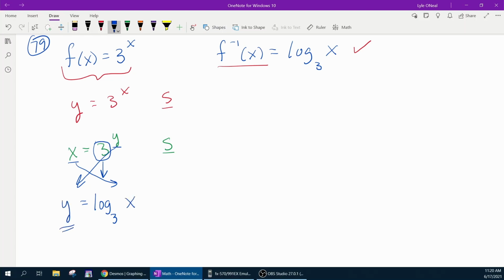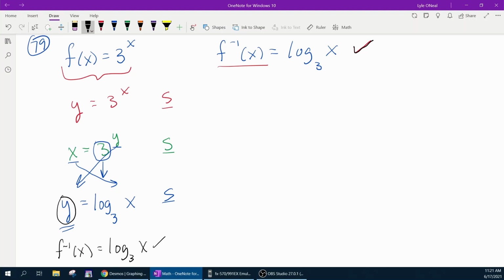And notice that that does isolate the y. That gets y by itself. And now that we're at the end of the third s, again, this is the 3s method for finding an inverse, we can say, okay, this y now represents the inverse function, which is log base 3 of x, which is exactly what we were given. So this is how we get there. Now what about graphing?